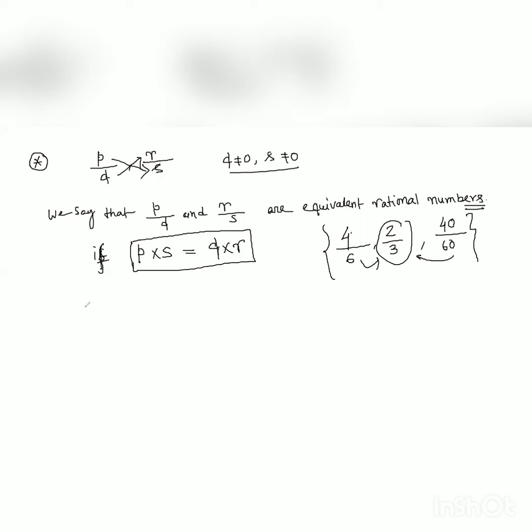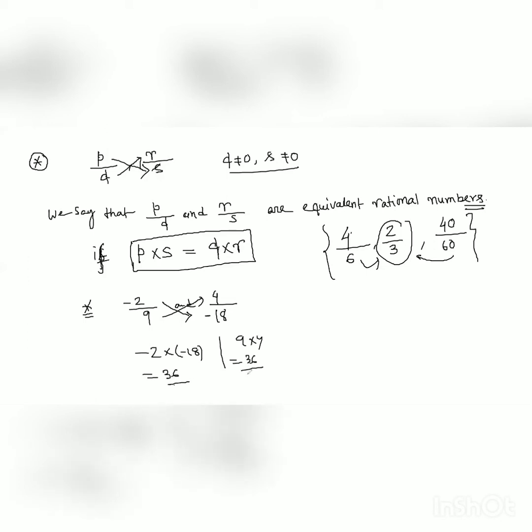Take another example. Suppose minus 2 by 9 and 4 by minus 18. How do we check whether they are equivalent or not? We have to check whether minus 2 into minus 18 and 9 into 4 are equal. Minus 2 into minus 18 is 36, and 9 into 4 is 36.